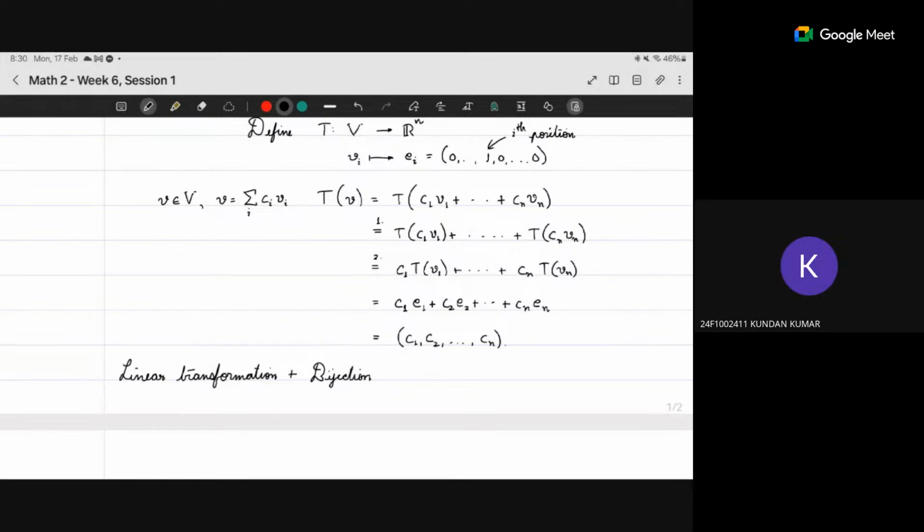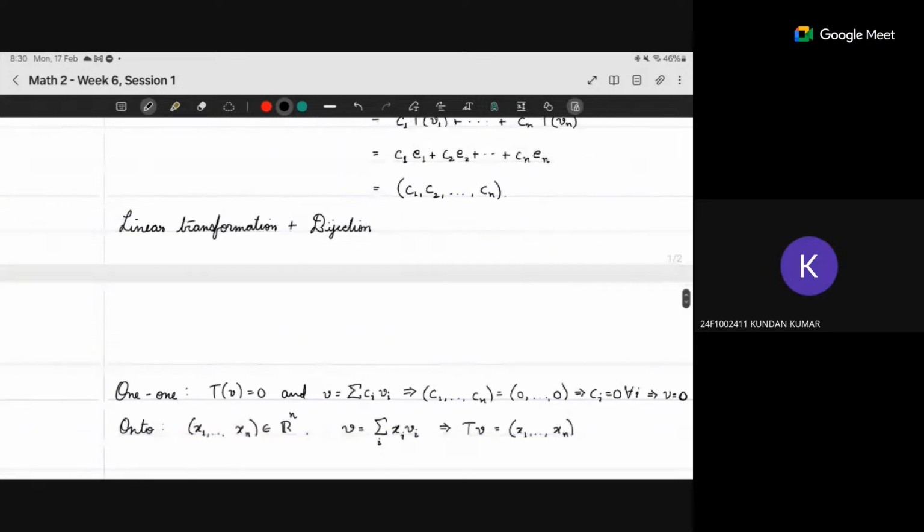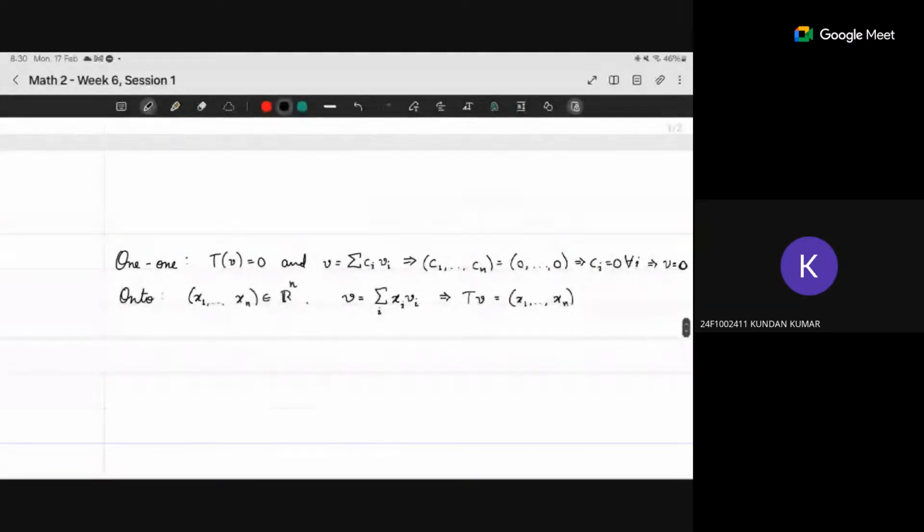Okay, sir. But in one case, we took it as a 0. Yes, in one case we took it as zero because that is how you prove one-oneness. If you want to show a linear transformation is 1-1, you have to say that the only vector that is mapped to zero is zero itself. Zero is always mapped to zero, but then there is no other vector that is mapped to zero.